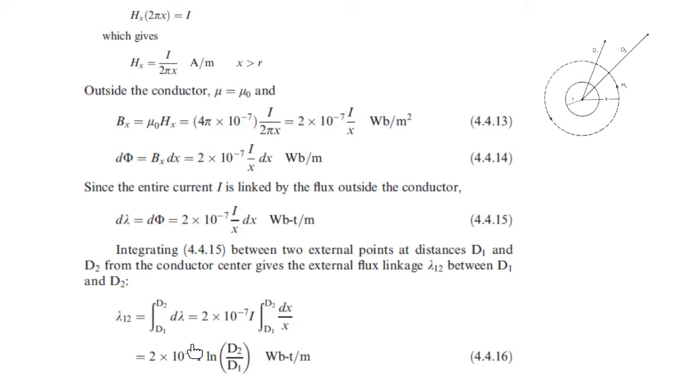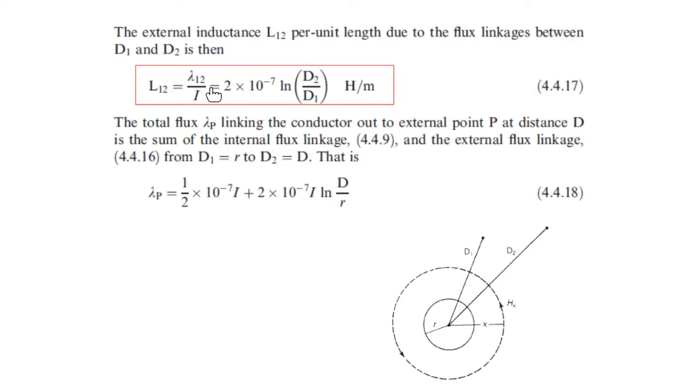And then we just divide by the current. You see now the current is multiplied here by itself. The flux linkage is a function of the current, so we just divide by this current here. We get the natural log, or we get the 2 times 10 to the power of minus 7. And remember now for the internal part, when we add it, then we get this D2 over D1.